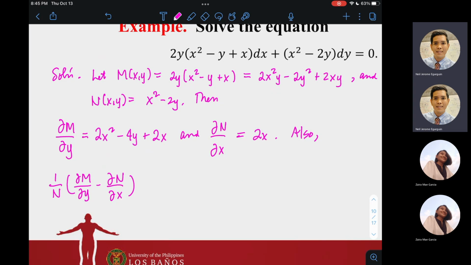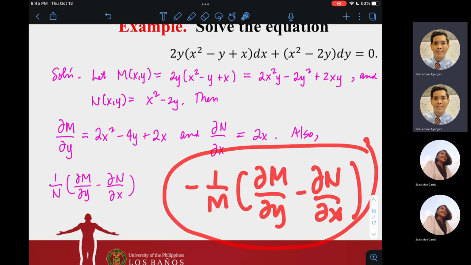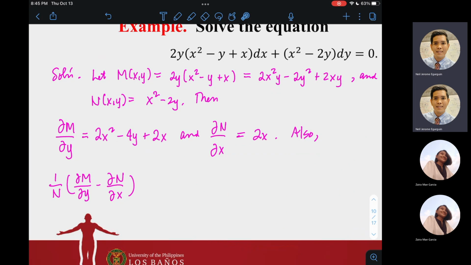Alright? Fingers crossed, sana ito ay function of x alone. Kung hindi siya function of x alone, you can check -1 over M ng partial ni M with respect to y minus partial ni N with respect to x. Tapos tingnan kung ito ay function lamang ni y. Right? Pag hindi pa rin, then unfortunately, you need to look for another solution.